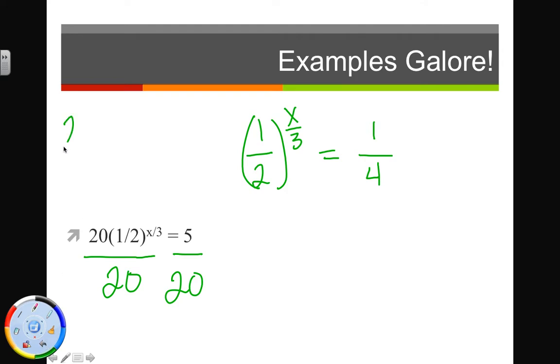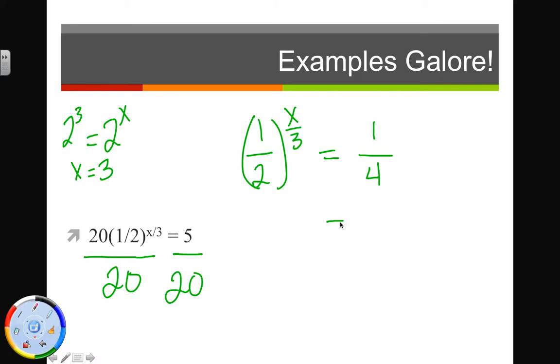If I told you that 2 to the 3rd power is equal to 2 to the x power, you could probably tell me that x is 3. That's a very, very simple property that most of us probably already knew without ever having to define it. The reason I bring this up is because I want to solve this equation that way. So I want to change the base, basically. I want to look to see if these are the same thing.